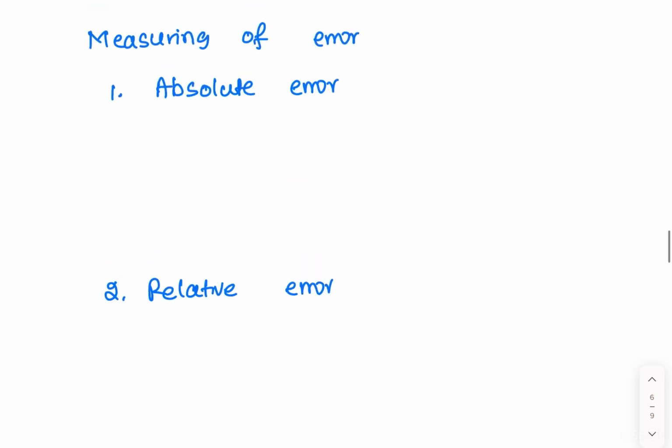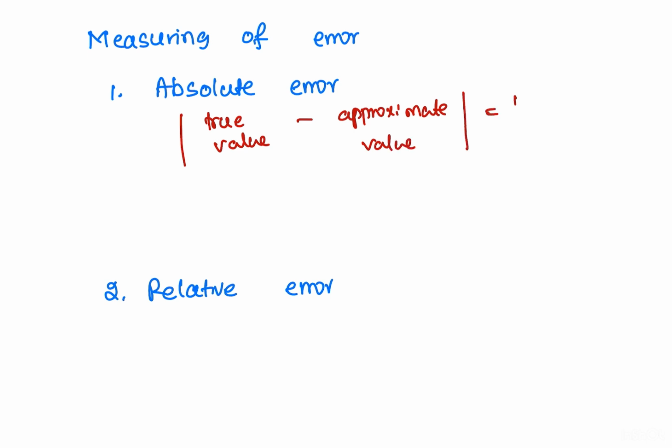It is the difference between the true value and the approximate value. We can write it as the exact value xe minus the approximate value xa. Here xe means the exact or true value, and xa is the approximate value, which may be obtained with the help of a numerical technique.